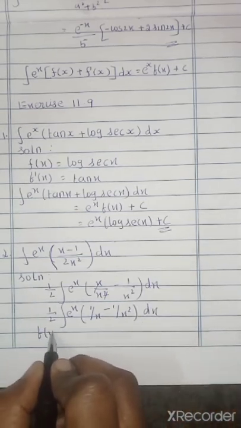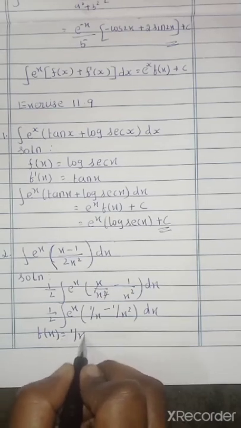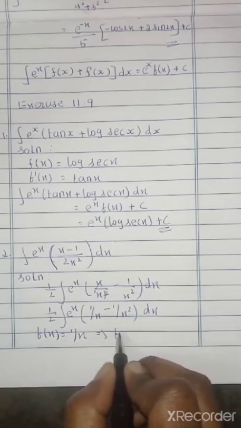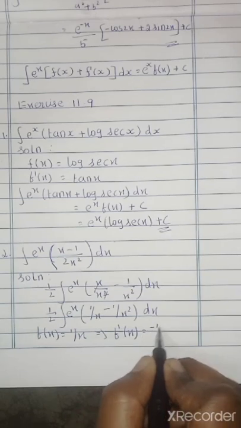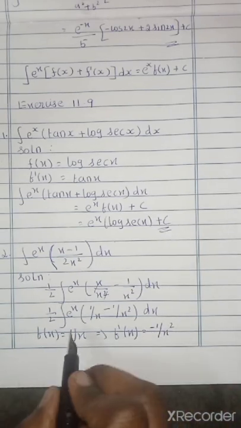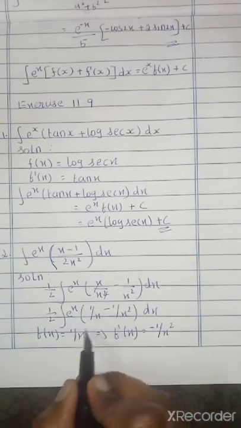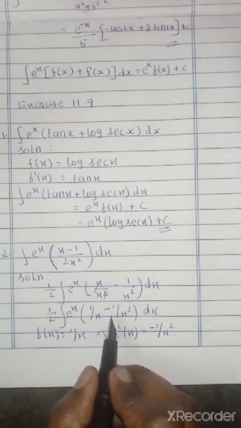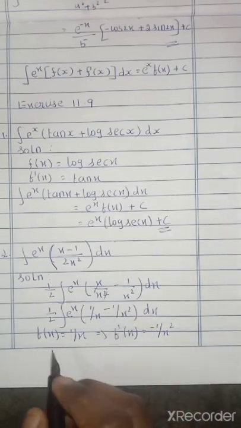Now we can take the function f of x as 1 by x, and if you differentiate this you will get f dash of x equal to minus 1 by x square. Now look here, e power x into f of x plus f dash of x dx.